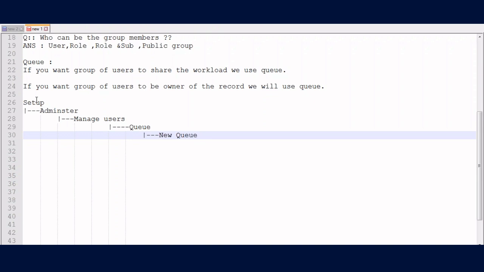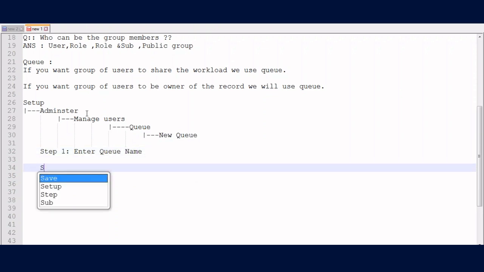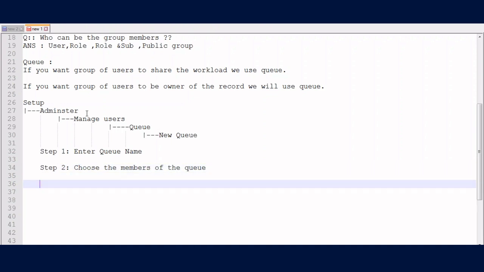Set up, administer, manage users, queue, new. Enter queue name. Choose the members of the queue.